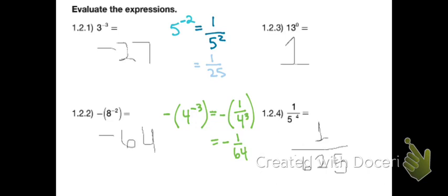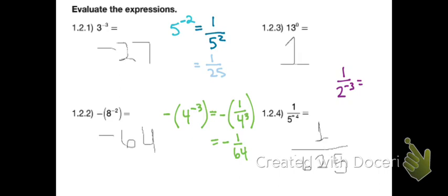Number 4, there actually was a little minus sign here. It didn't get printed clearly. So what you're doing here first, if the negative exponent is down in the denominator, then you take that negative sign off and move it up to the numerator. So if I had 1 over 2 to the negative third power, I would take that negative sign off of my exponent and move it up to the numerator.